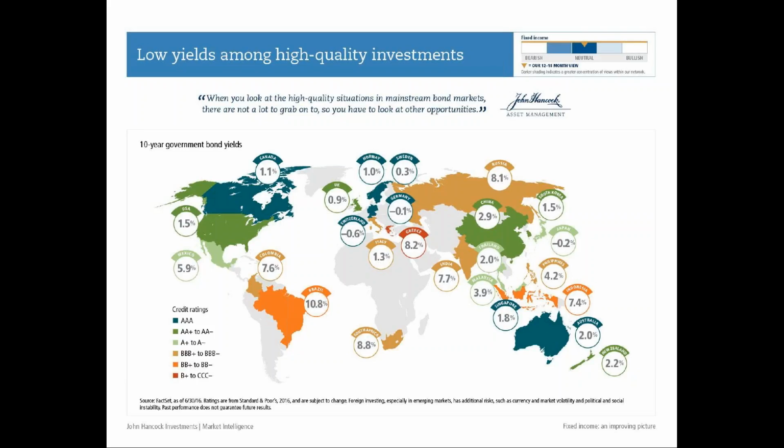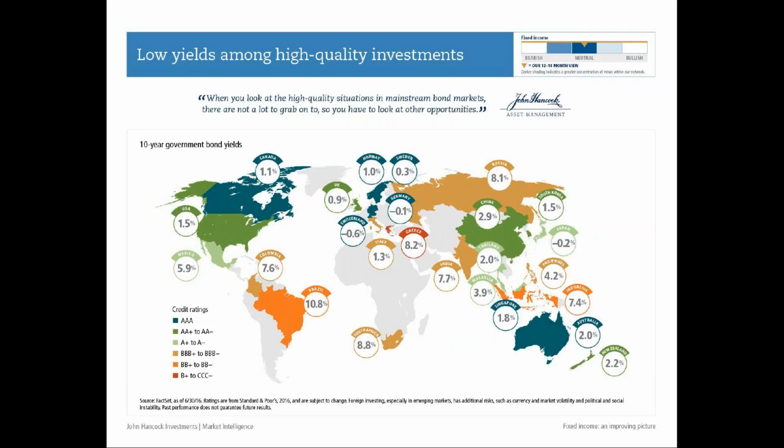The other thing you'll see is that we color-coded these based on their credit rating. The lower the credit rating, that typically means the higher the risk. So if you have below triple B, or you can see here three Bs in a row, that would be below investment grade. The higher the credit quality, the more green.